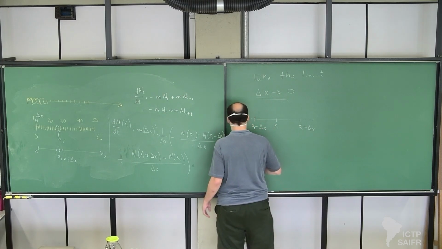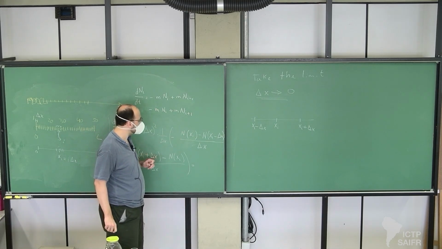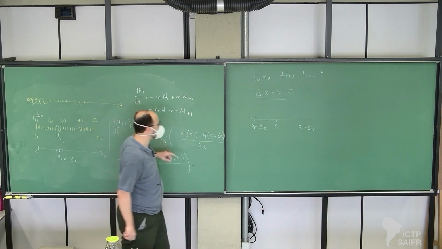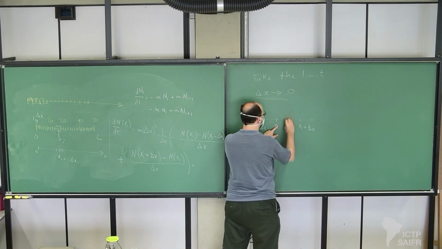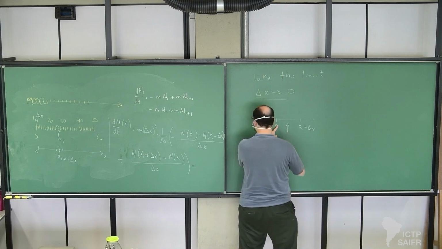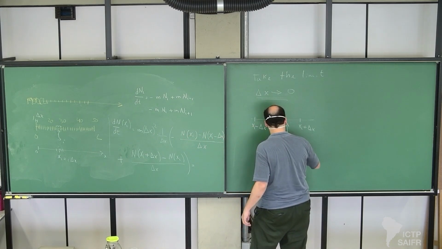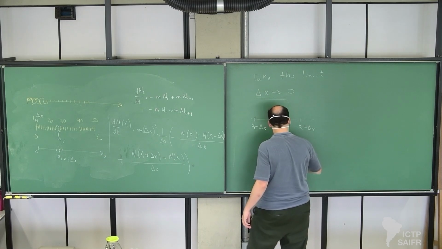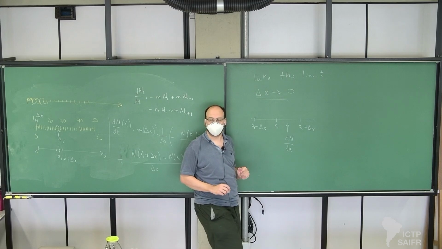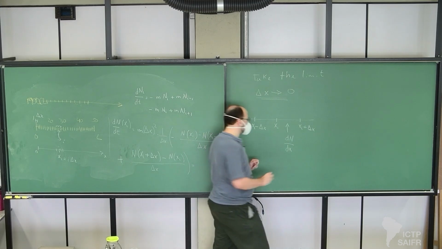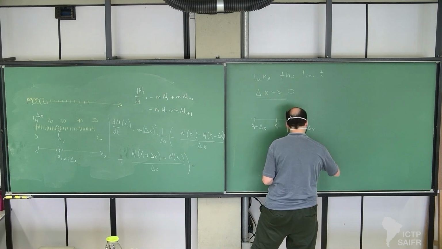One way to think about these derivatives is that I'm calculating this point minus this point divided by delta x, which is the derivative of n with respect to x, but at the midpoint between xi and xi plus delta x, so at xi plus delta x over 2.